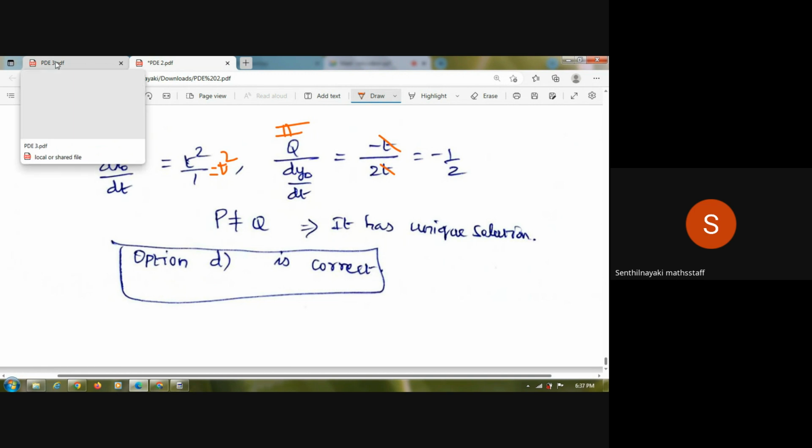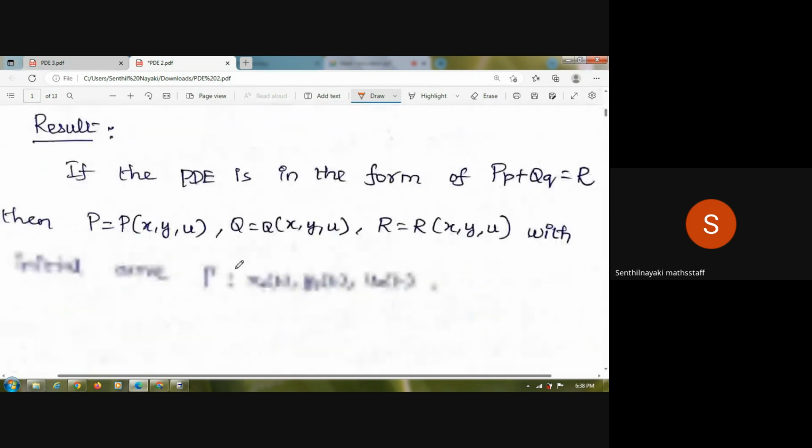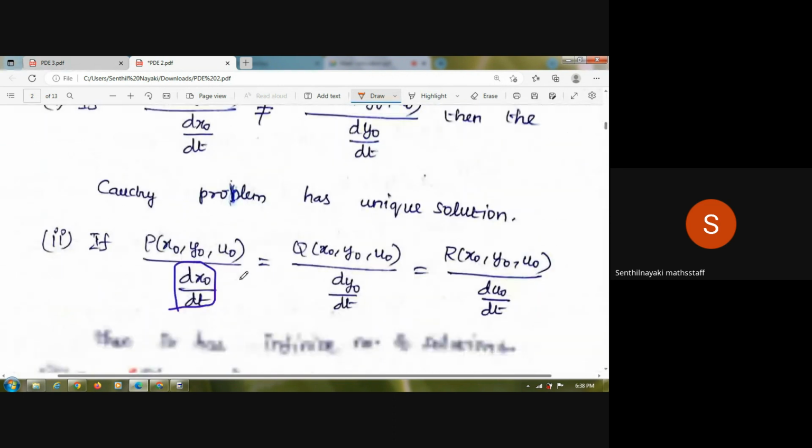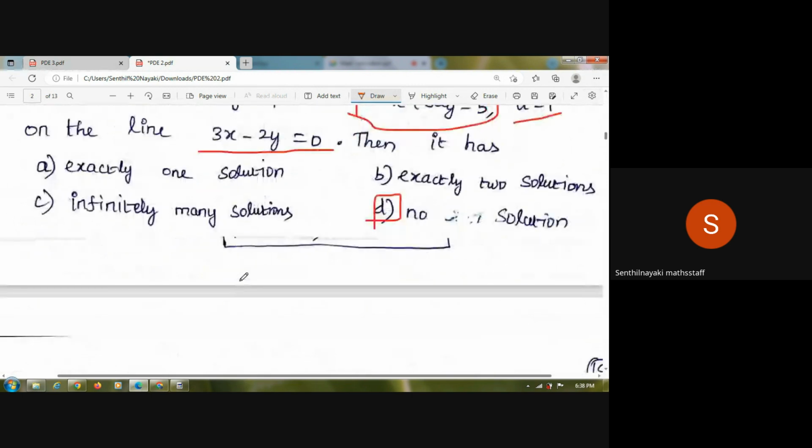In the second class, we discussed the solution procedure for the Cauchy problem. This Cauchy problem is very, very important. We discussed the type of solution.